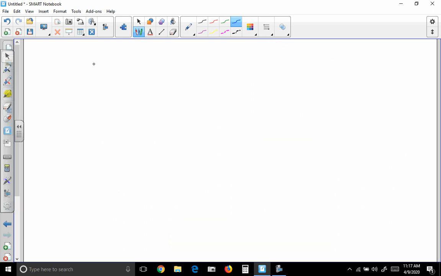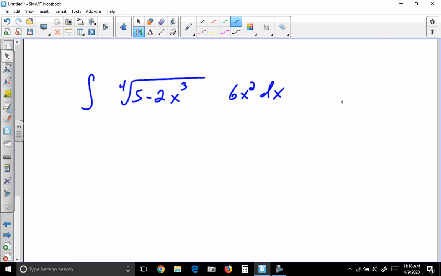So let's look at another one. Suppose we want the antiderivative of the 4th root of 5 minus 2x cubed, and we have 6x squared dx on the outside.